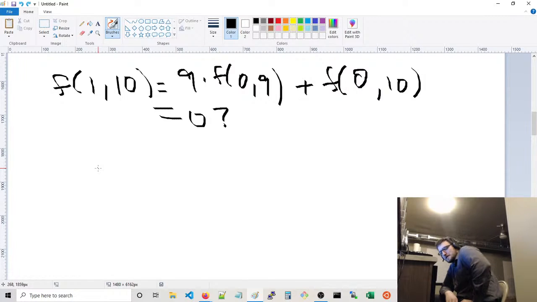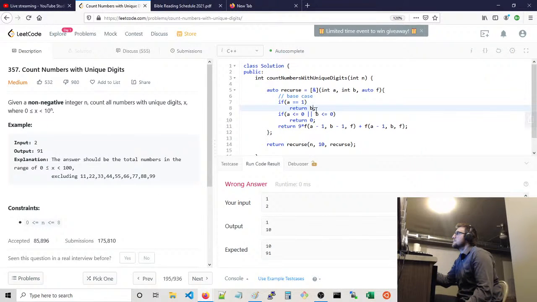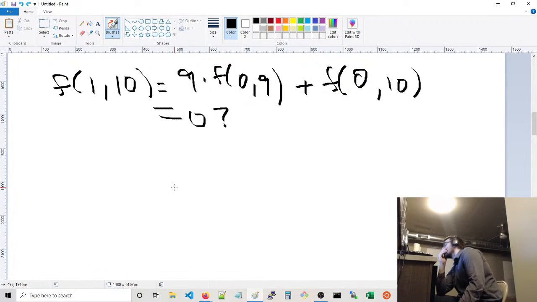Now forgive me for this because I'm stumbling here. Oh, it's very confusing because it's a power of 10. That's why. Oh no, okay. When n is 0, we return 1. That has nothing to do with our algorithm.